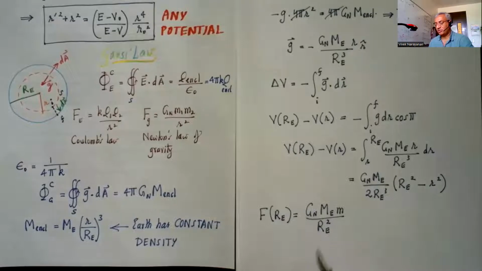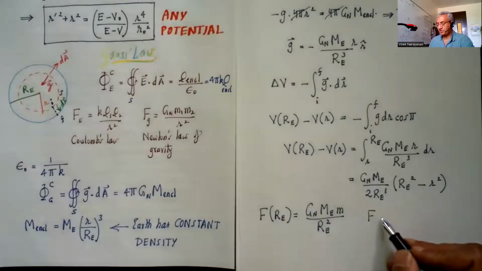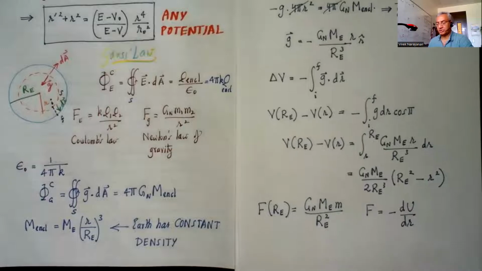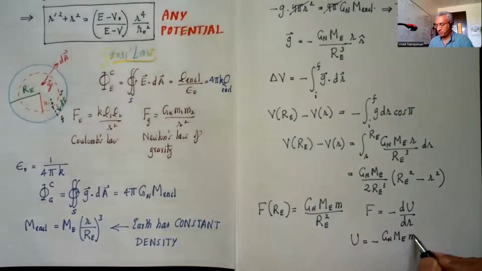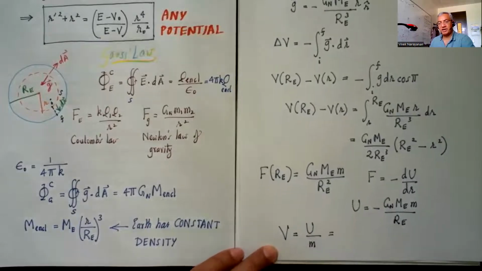The relationship between the force and potential energy is F equals negative dU by dr. So the potential energy can be found by this, so it's just negative G_N M_e m over R_e. That's the potential energy at the surface. The potential is the potential energy per unit mass. So you divide out by your mass.